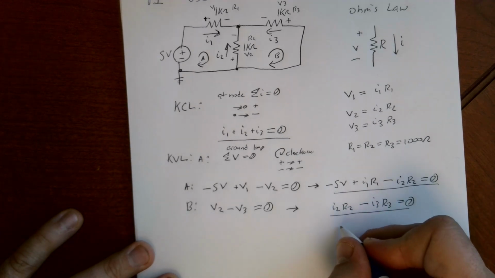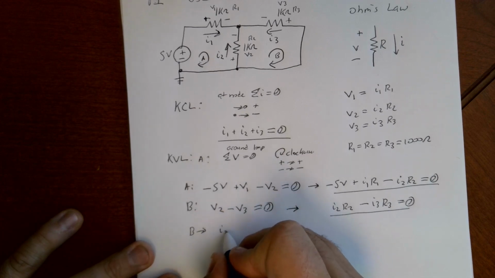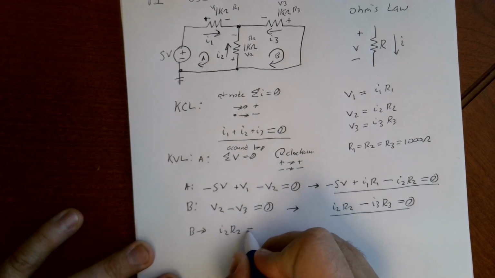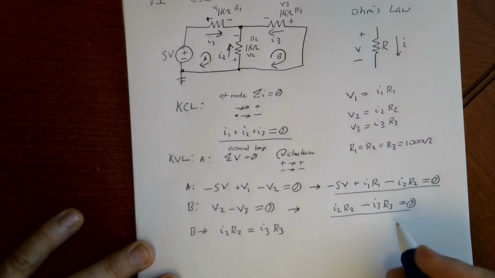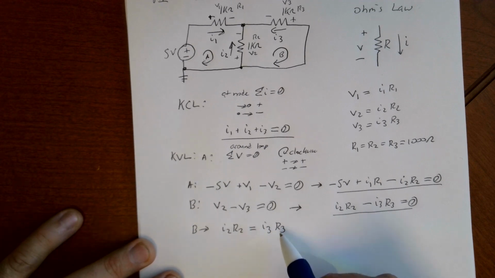So I can now just rewrite B here. Again, it says I2R2 is equal to I3R3. So all I did was move this over, and now I have this relationship.